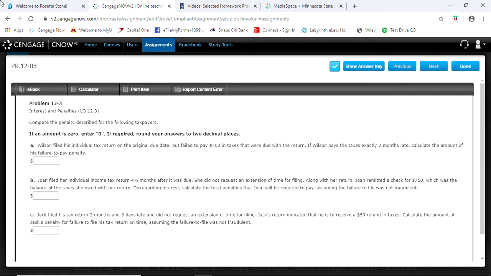So looking in our book, it's in section 12-3. There's a section on page 12-12, the failure to file and failure to pay penalty. And you can see in that section, the penalty for failure to pay is 1/2 of 1% of the amount of taxes due for every month. And this is for 2 months.